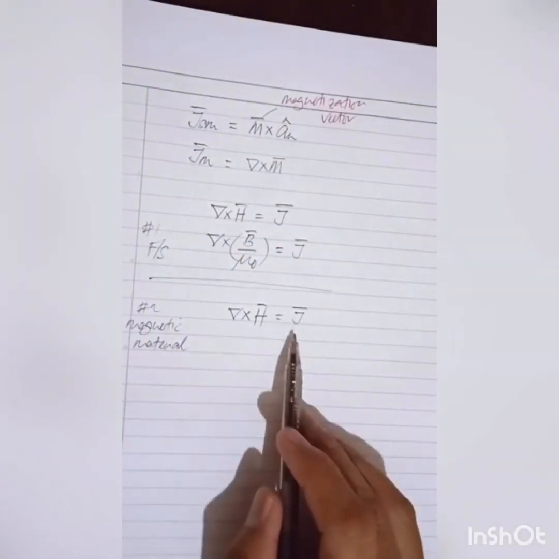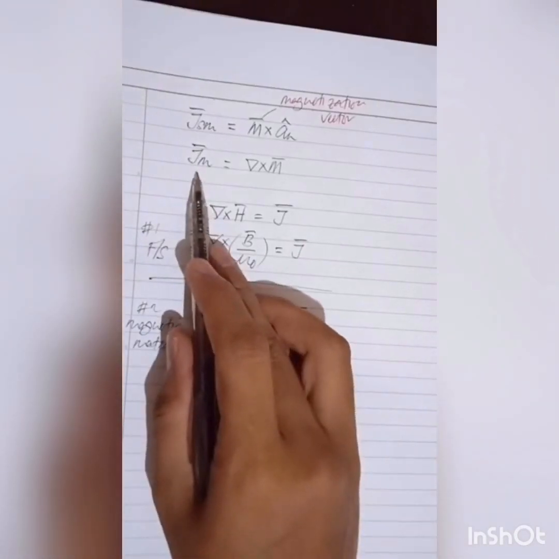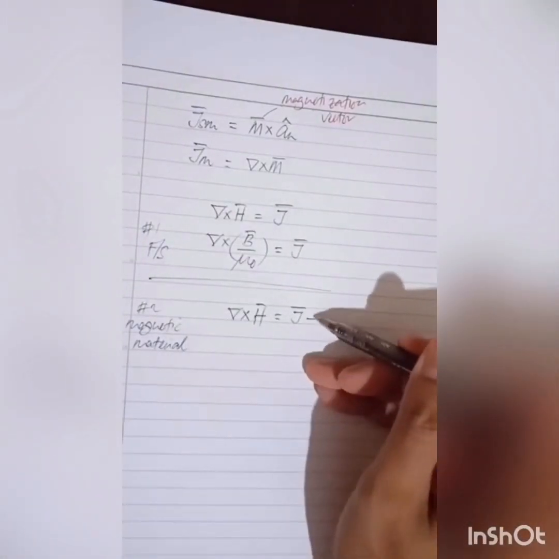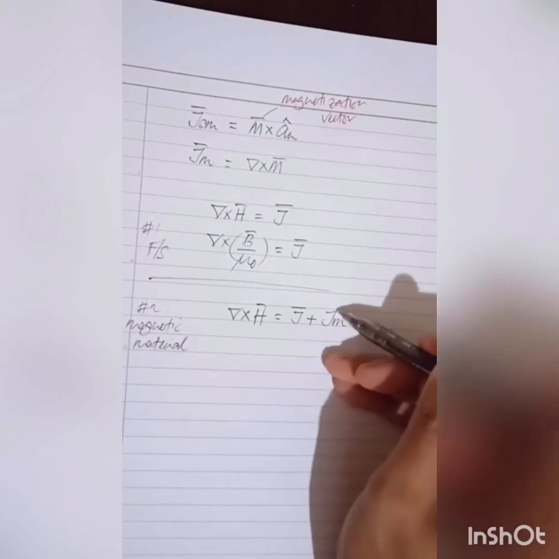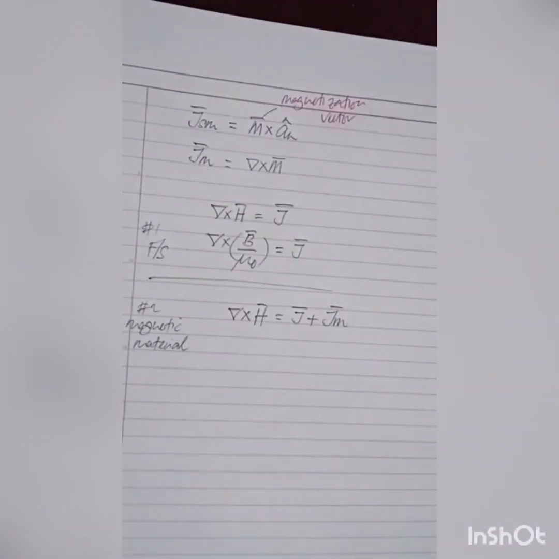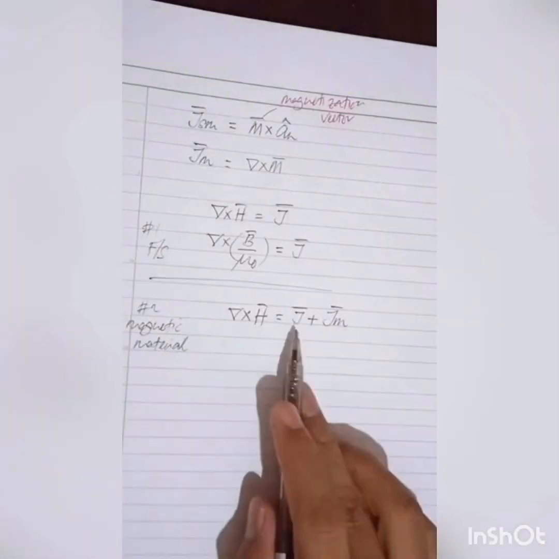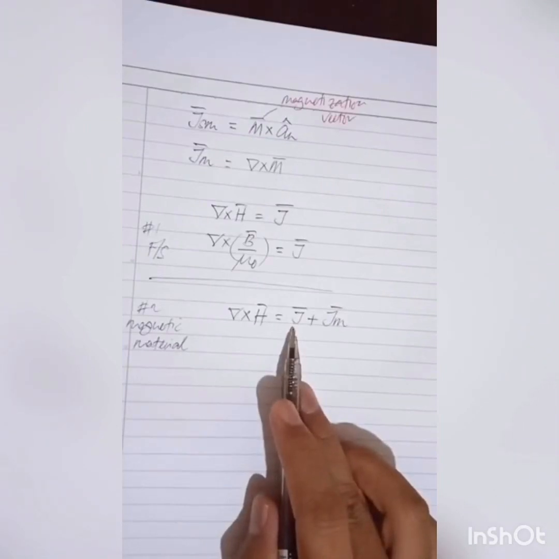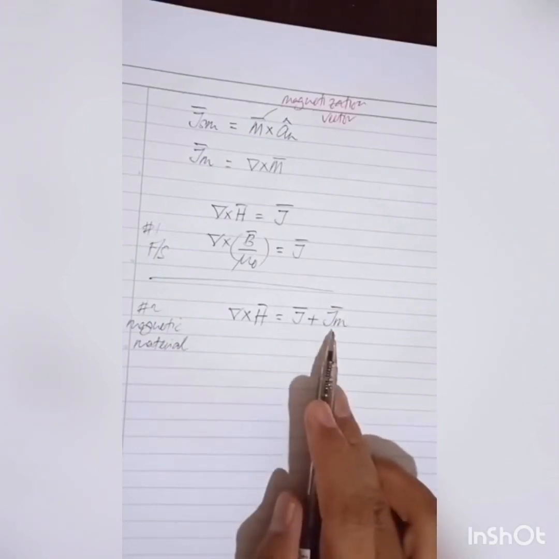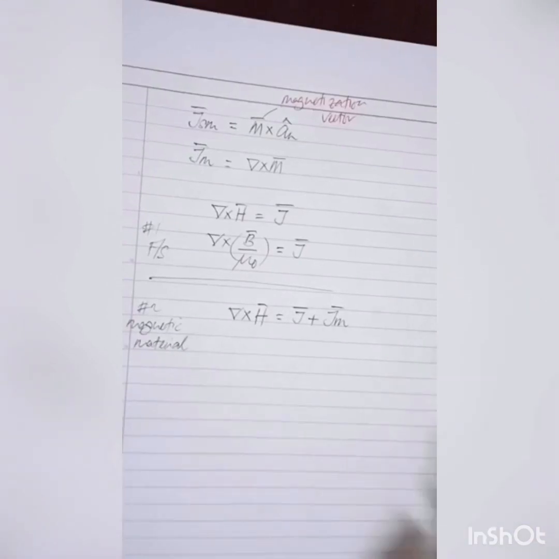So now we have to add this term Jm. Make sure we know that this is our volume current density, and this is our magnetization volume current density, which only exists within magnetic material.